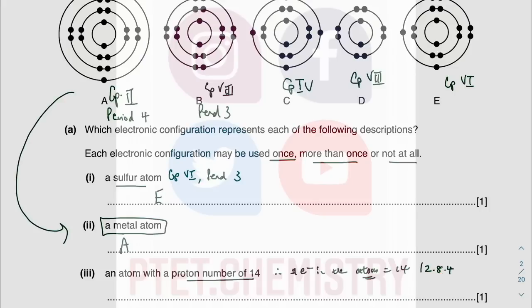So you're looking at 3 shells, meaning third period. You're looking at third period and group 4. So 4 outer shell electrons. This is the only one that is group 4. First shell, second shell, third shell. Okay, I hope that makes sense.